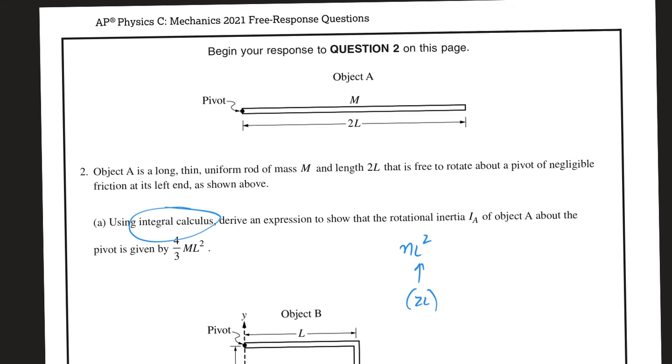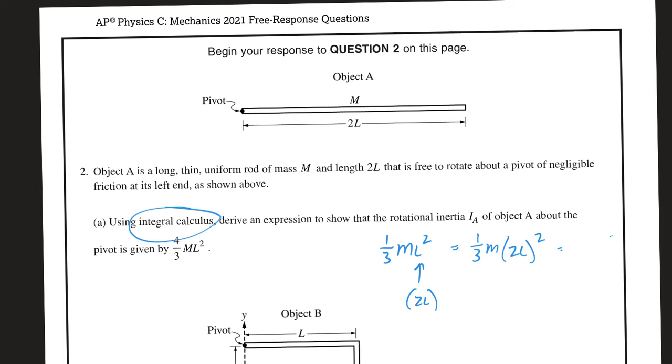In some years, they would have accepted this. That's why in the last couple of years they made sure they said show using integral calculus. By making that statement, you can't show it this way. You have to do the integral calculus.